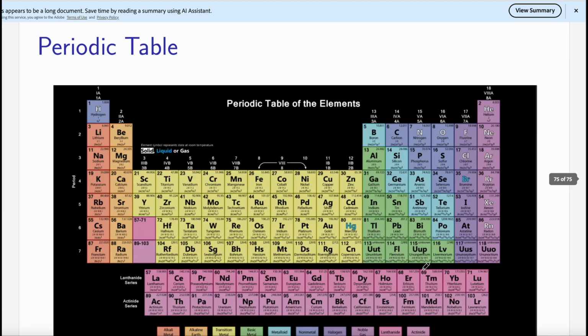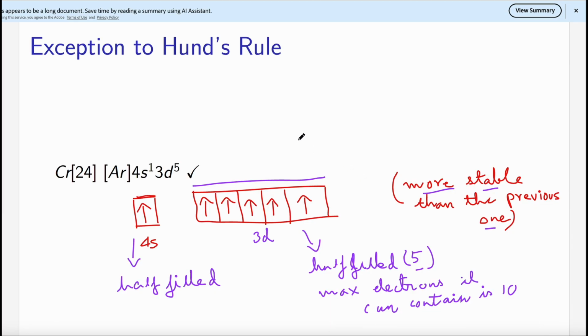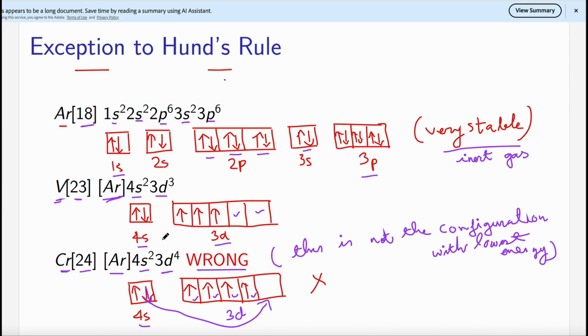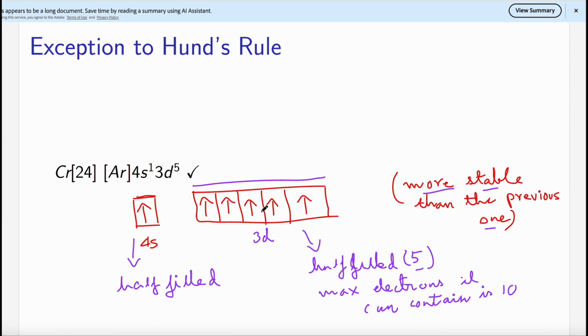So what we are saying here is that half filled subshells are more stable.